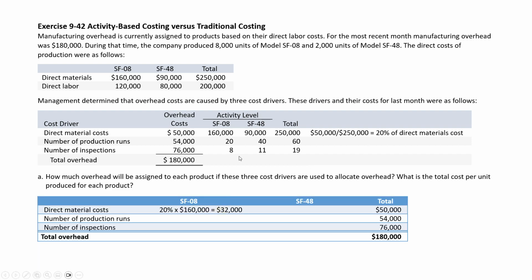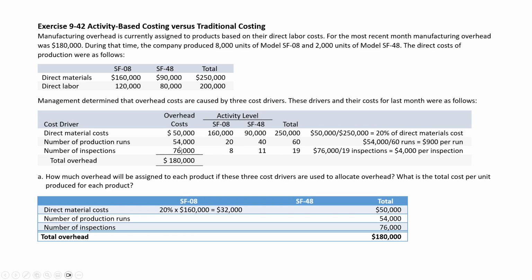For the 8 model, we take the 20% of direct material costs, multiply it times the direct material costs of model 8 of 160,000, and assign $32,000 worth of direct material related overhead. Very similar for the other 3 pools.